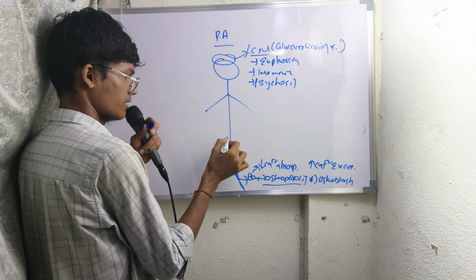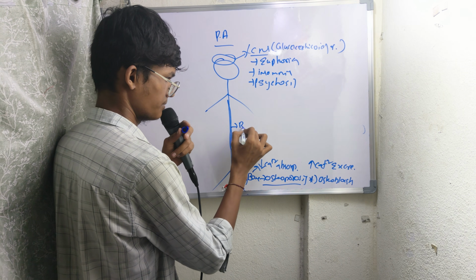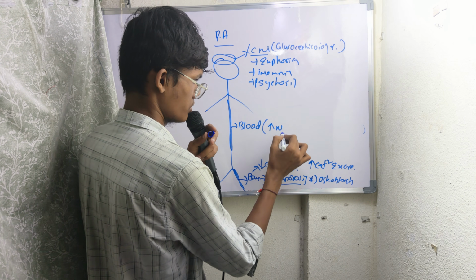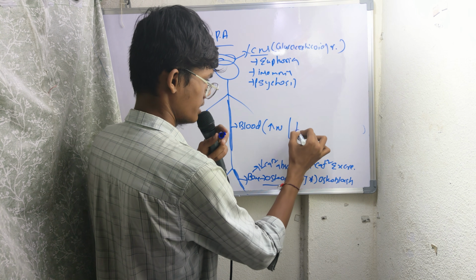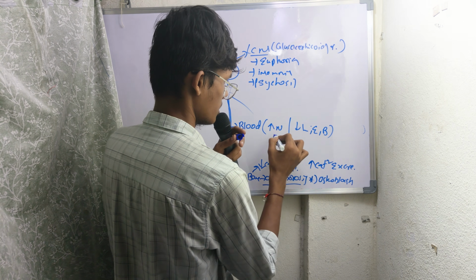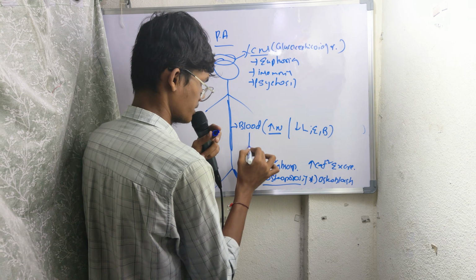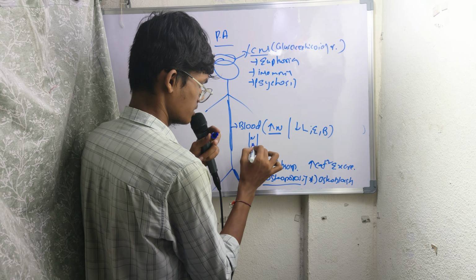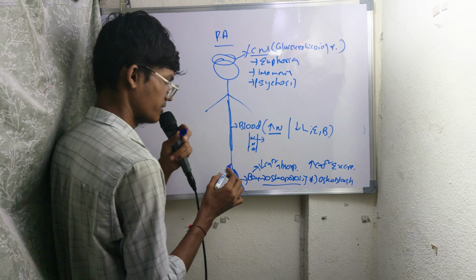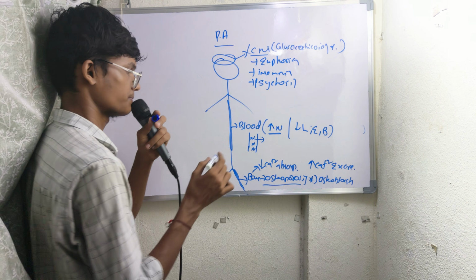And then in the blood, think of this as blood. In the blood it increases neutrophils and decreases lymphocytes, eosinophils and basophils. How does it increase neutrophils? Not by increasing the production. Neutrophils are maintained in the circulation, they are not allowed to leave the blood vessel, so the concentration of neutrophils will be increased in the blood vessels.